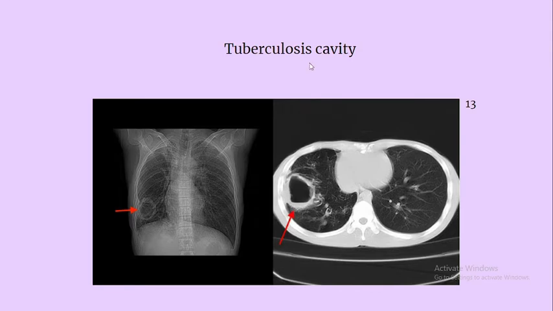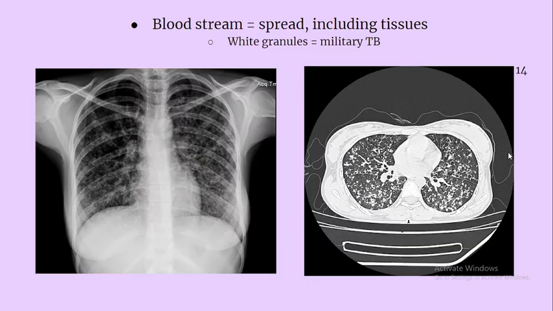Here are a few better pictures. You can see the cavity here, a circular region, this little cloudy thing, and in this axial view it's even more clear. See this little pocket and the light area surrounding it.